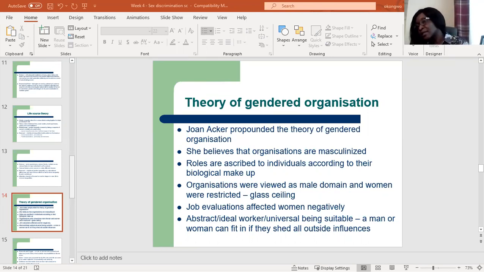She said that the way job evaluations are done affects women negatively, because when jobs are created, they are created in an abstract manner without anybody in mind to fill that job. Roles and responsibilities are assigned to the job.